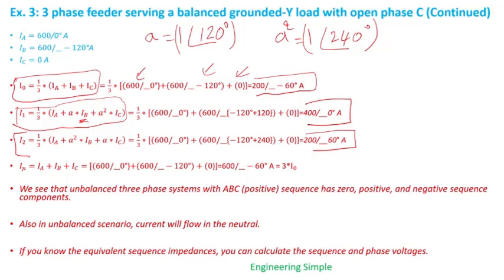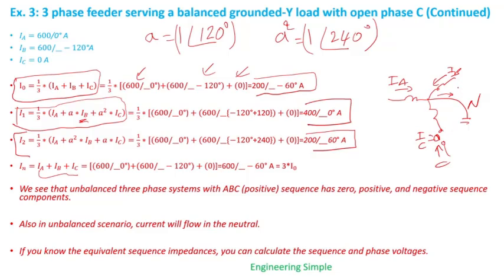And we know the current that would flow in the neutral is the sum of the phase currents, because if you have phase A, phase B, but phase C is open, so IC is just 0.